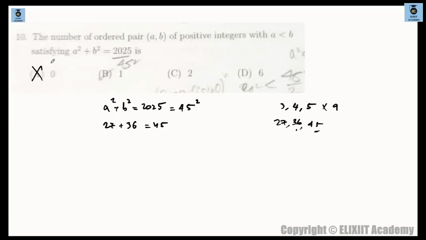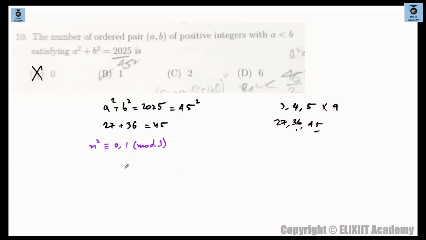Definitely you're getting some solution over here, right? Okay, so now you can verify that this is the only solution. Let's say we can take the help of some congruence modulo over here. We know any perfect square is congruent to 0 or 1 modulo 3.